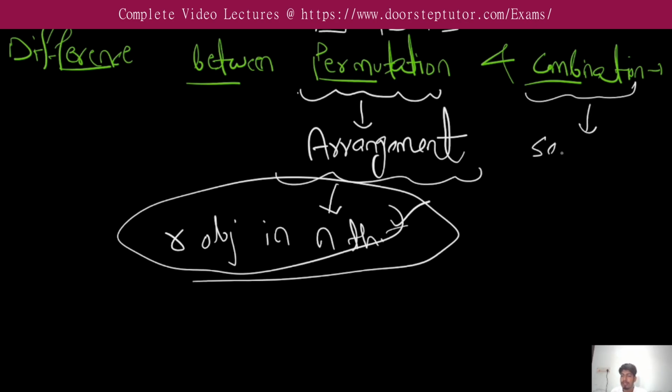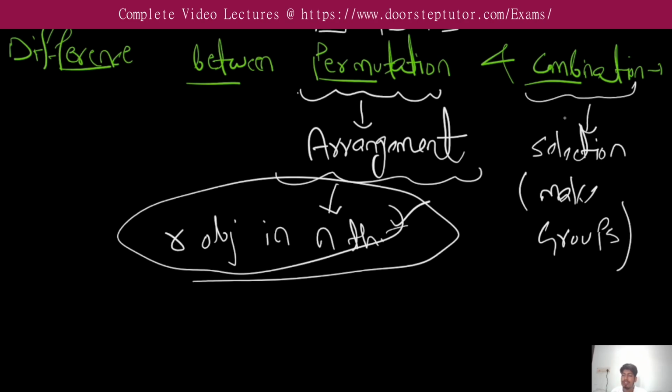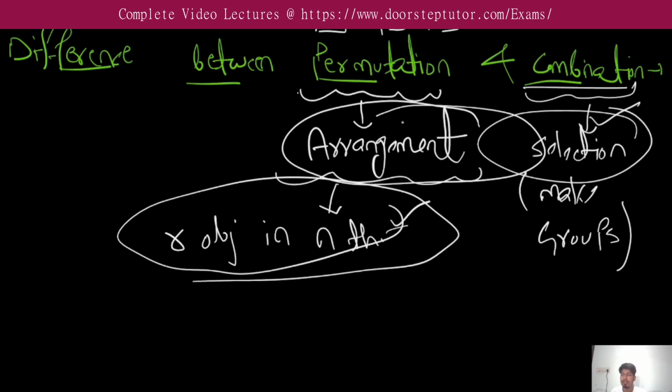Combination means selection or making a group. This is the main difference: permutation means arrangement of objects and combination means selection of objects.